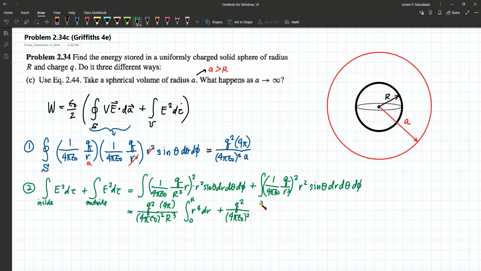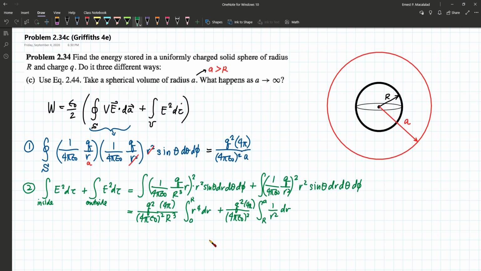And then this will be the integral of 1 over r squared dr. And again, sine theta d theta d phi, integrating over this sphere will give you 4 pi. Now this integral along r will be integrated from r to a because this is for outside.